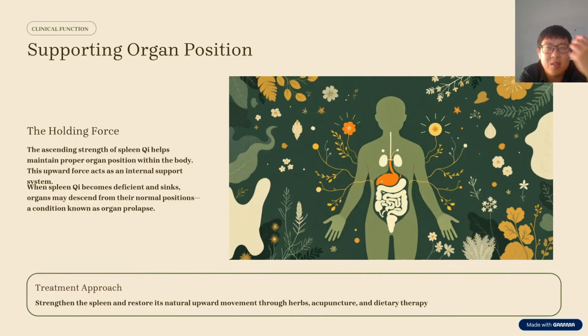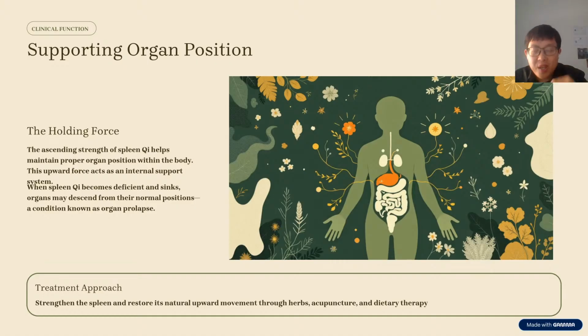But in Chinese medicine, we think of this disease in a simple way. We believe it's because the spleen energy is weak. Remember we talked before, the spleen energy ascends to the upper body. It can also lift your organs.